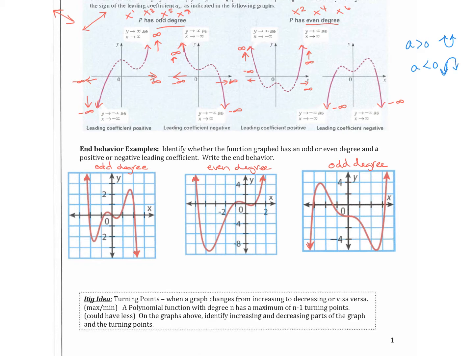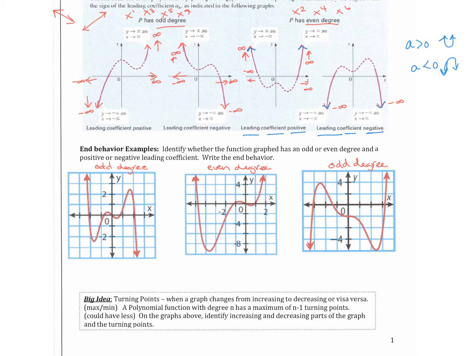Basically, the same thing is happening for an x to the fourth and an x to the sixth function. So for example, since both my end behaviors are pointing down, I would know that my leading coefficient is negative. That's why my graph points down. However, here, since both my end behaviors are pointing up, I know that my leading coefficient must have been positive.